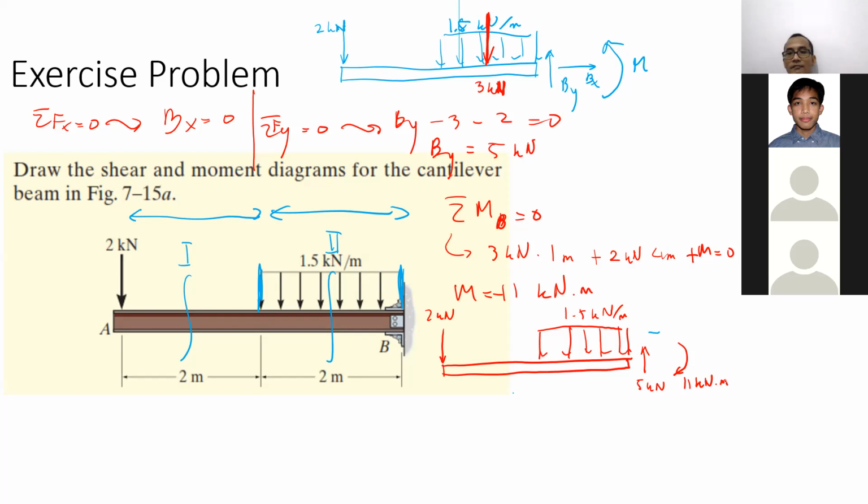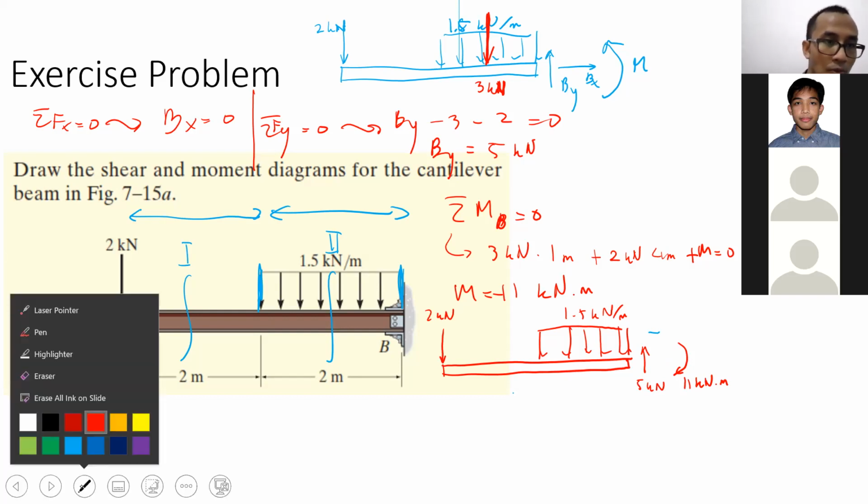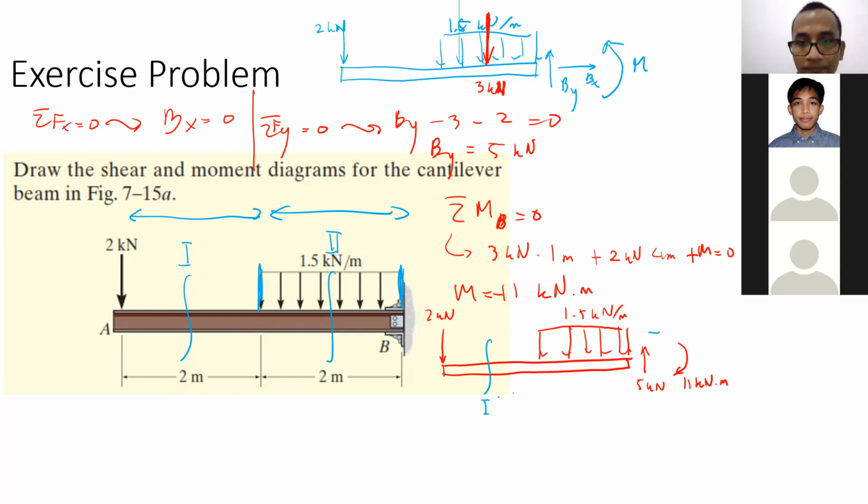So that's our final free body diagram. Now, as we discussed before, we will do two sections. The first section is here. The second section is here.